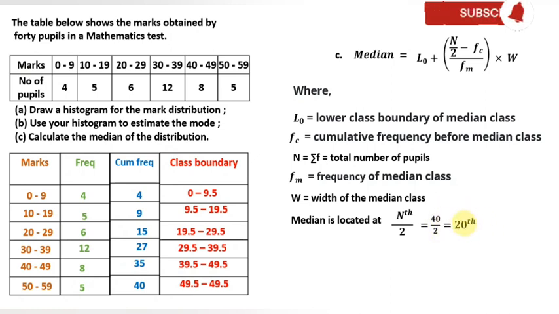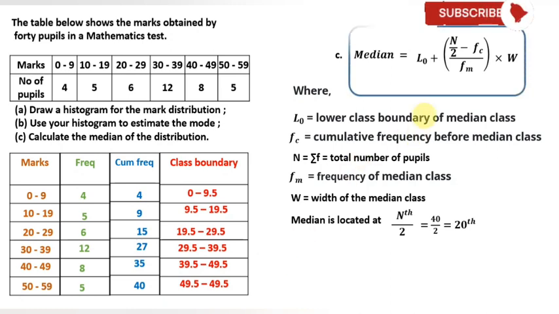When you divide this, you are going to have that at the 20th position. We are going to search for that 20th position at the cumulative frequency. So the 20th position is at 27. It's very simple. You have added all these numbers together. We have 15 here, so by the time you are adding numbers again, you are going to get to the 20th number inside of this point here.